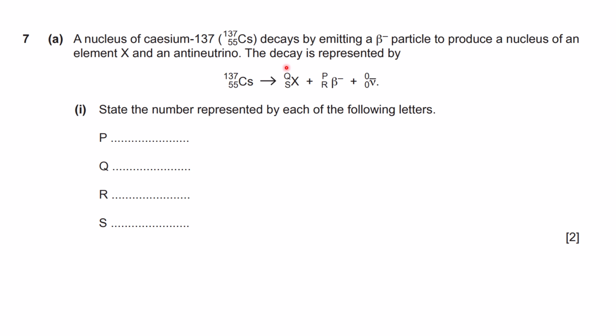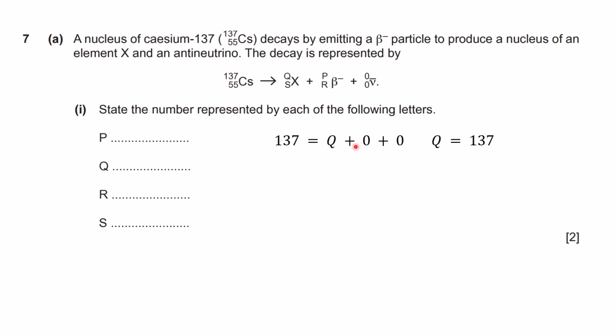In other words, we can say this: 137 needs to be equal, because the arrow means decay, but we can use equal here to make it easy to understand what I'm saying to you.